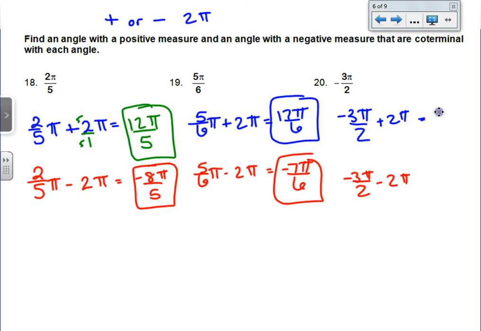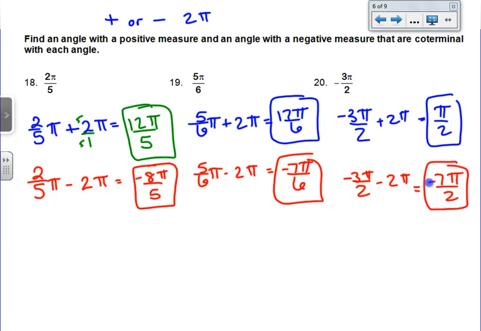Is that pi over 2? Okay. And then negative 7 pi over 2? Yeah. Okay. Not too bad.